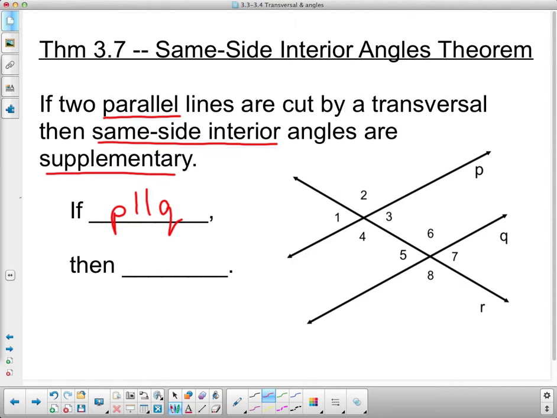Oh. 1, and then we need one from that other intersection, which is the other alternate exterior. If I use angle 1, down here it would be 7 to be the alternate exterior. So I don't want to mark those the same because they add up to 180 degrees.